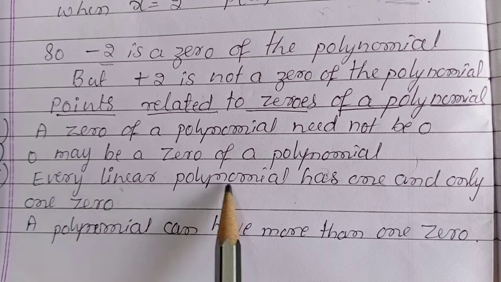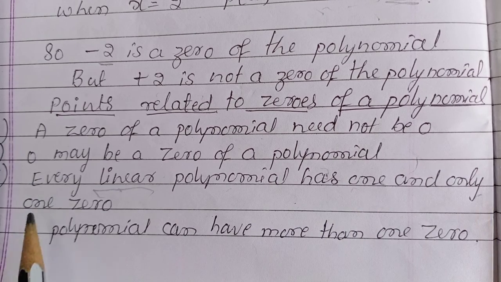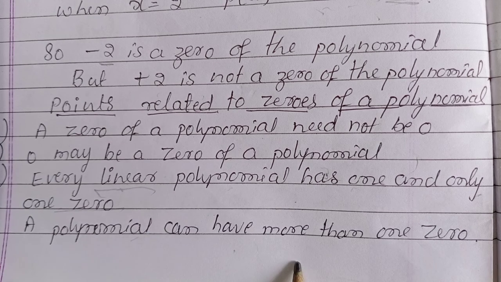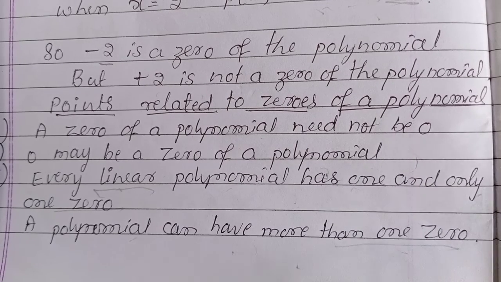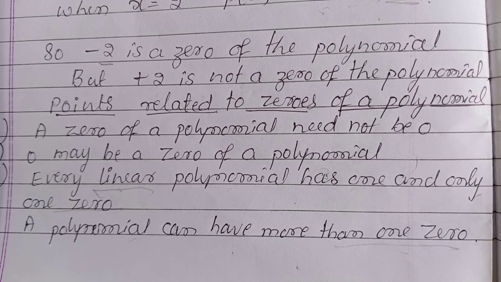Then, if your polynomial is linear, meaning power is 1, then it has one and only one zero. It does not have more than one value. But if it is another type of polynomial, you will have more zeros.